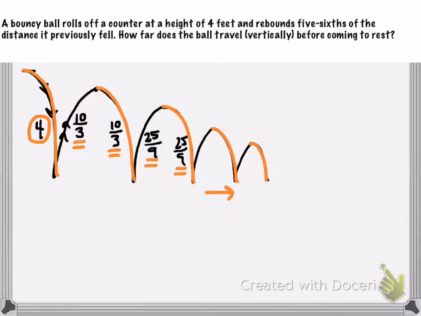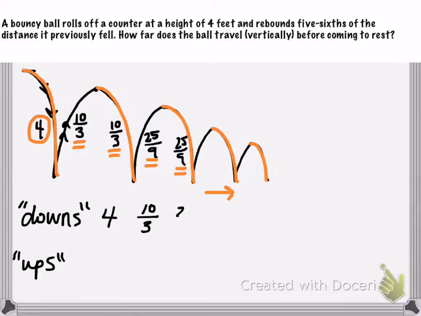So one way to attack the problem would be to look at the sequence and basically look at all of the downs, the distances that the ball has fallen down, versus all of the ups, the bounces upward. So the downs, initially it fell 4 feet, and then it fell 10/3, and then it fell 25/9, and on.